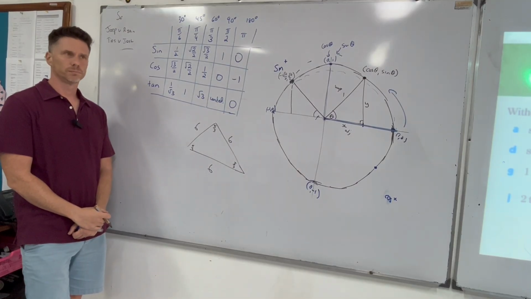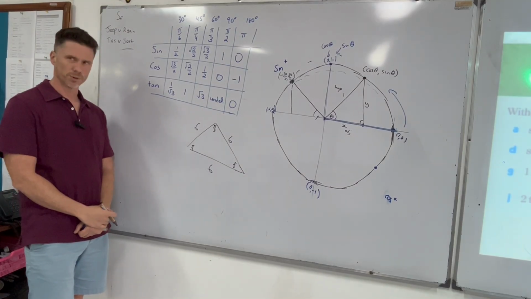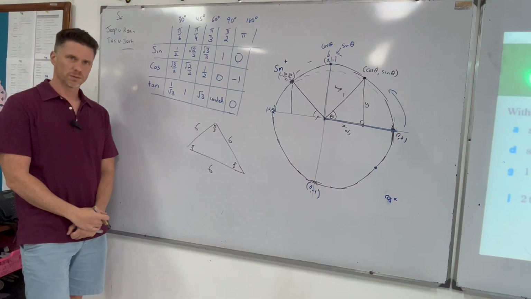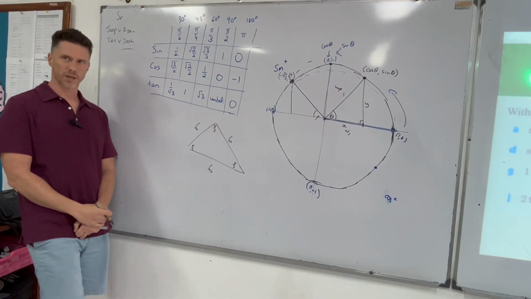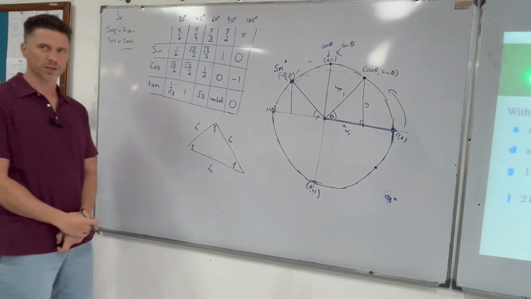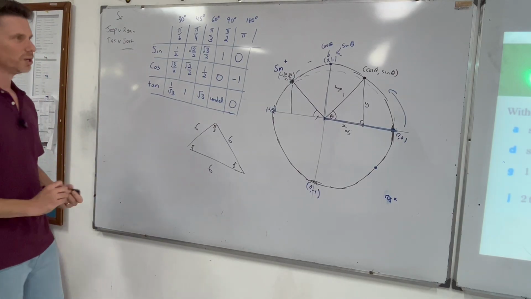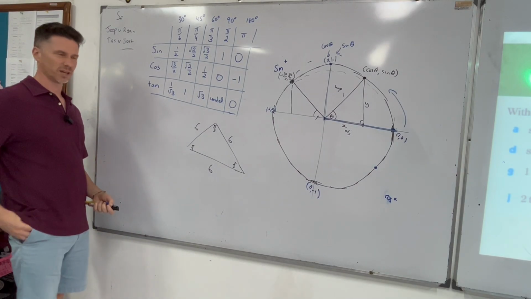No, it's the same. We're dealing with ratios here, so no matter what the triangle size is, the ratio will be the same. So don't be confused between triangle sizes and ratios.